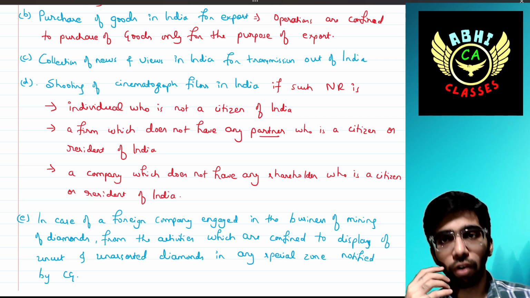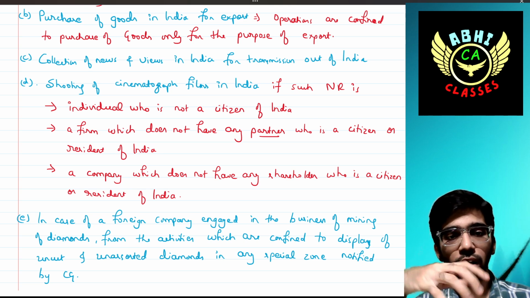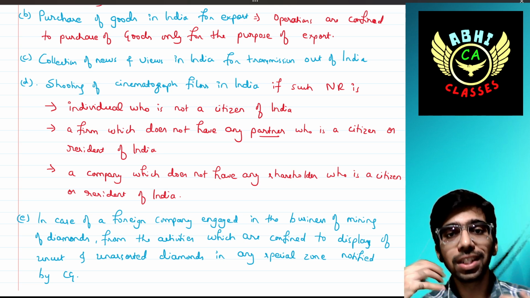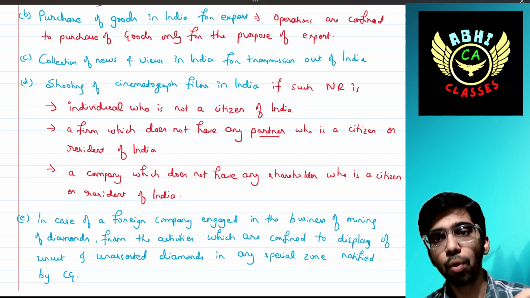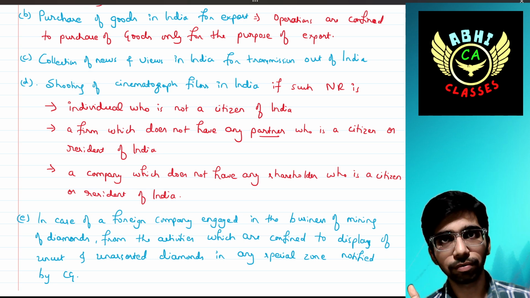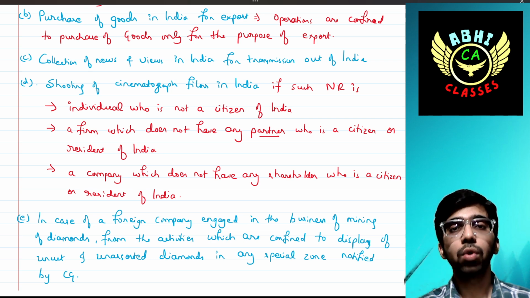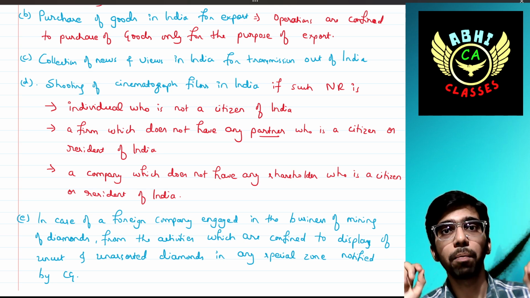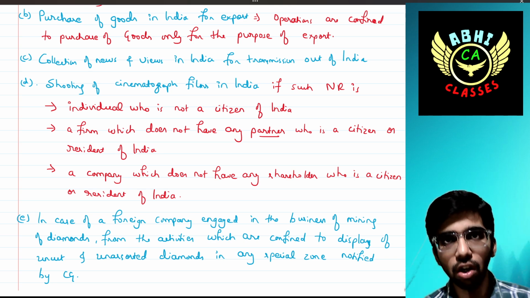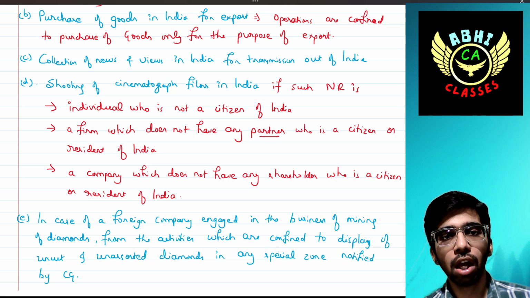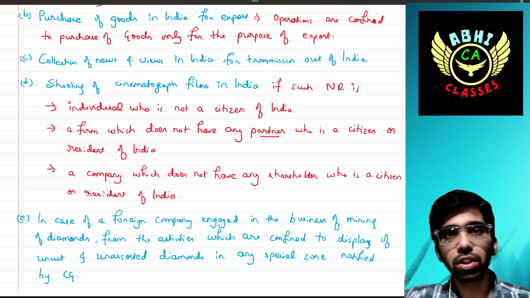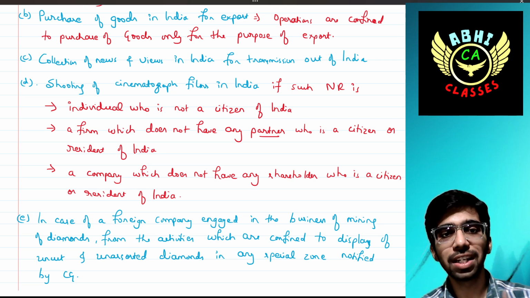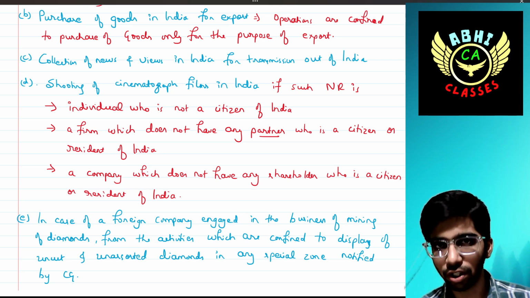If the NR is a firm, let's assume a film production house, which does not have any partner who is a citizen or resident of India. If it is a company, it should not have any shareholders who are citizens or residents of India. Understood?